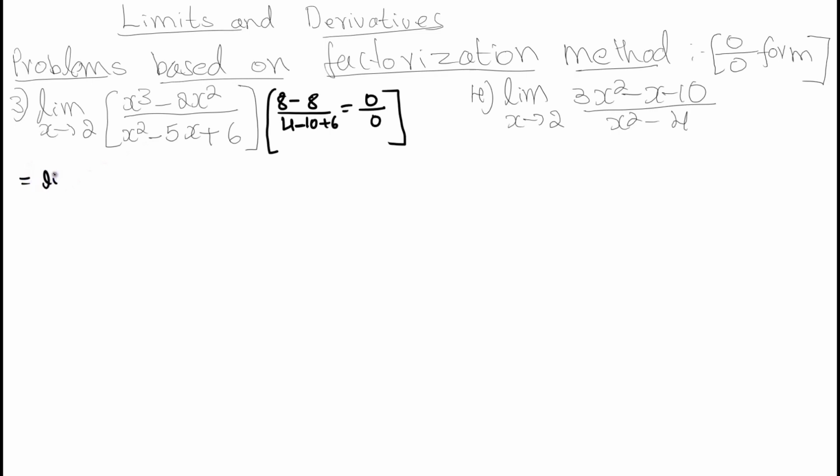So we can write it as limit x tending to 2. Here you can observe, in the first term x cube is there, and in the second term x square is there, so I can keep x square outside. The remaining term here is x minus 2, divided by, you can observe the denominator is a quadratic equation. We need to factorize that quadratic equation.